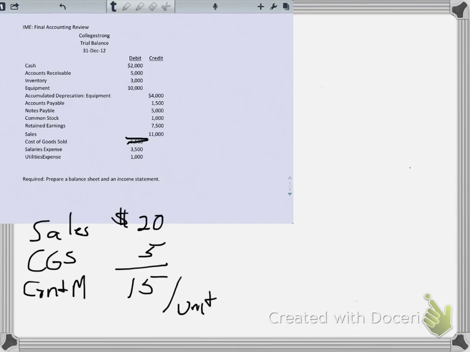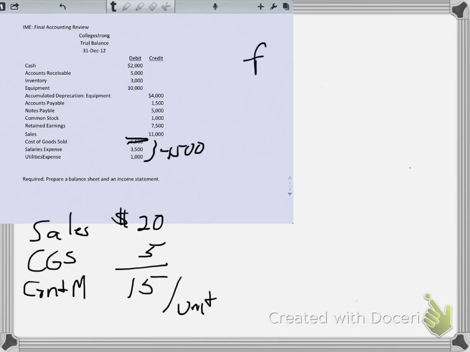Utilities expense also doesn't change by the number of units produced. And that's kind of the definition of a variable cost: a variable cost changes with production. Those that don't are fixed costs. So I know that my salary expense and my utility expense, that $4,500, has got to be my fixed cost.